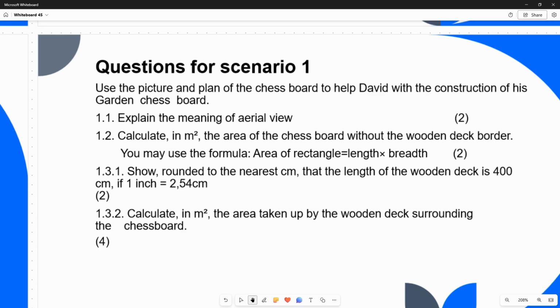Aerial view is the top view, what you see from above. So two words, top view is aerial view, or view from above, what you see from above. This is what we see when we are looking at the chessboard. The viewing from above is what we call aerial view.